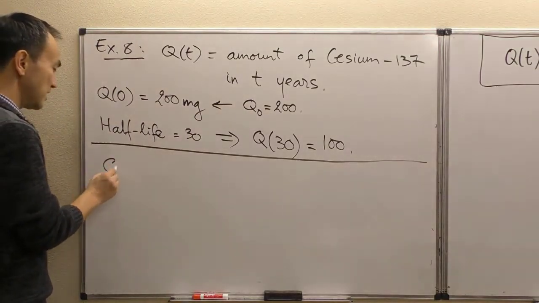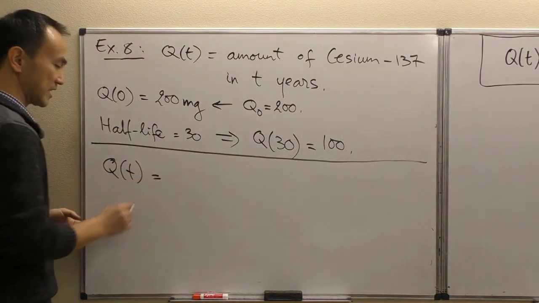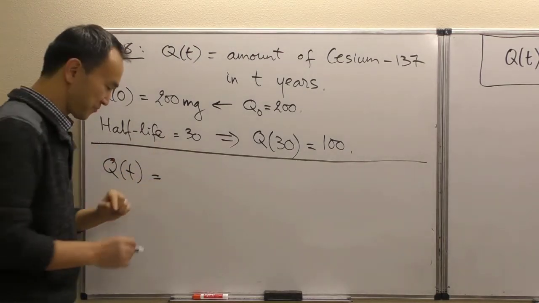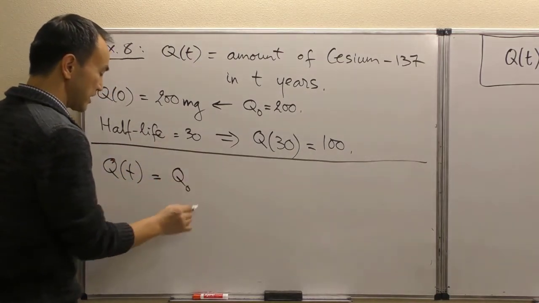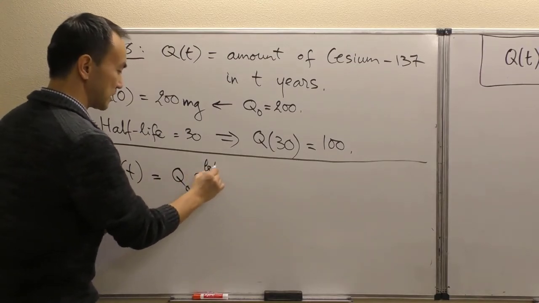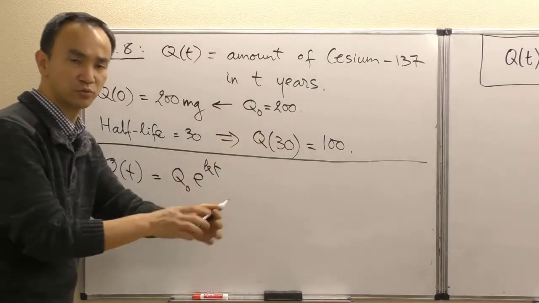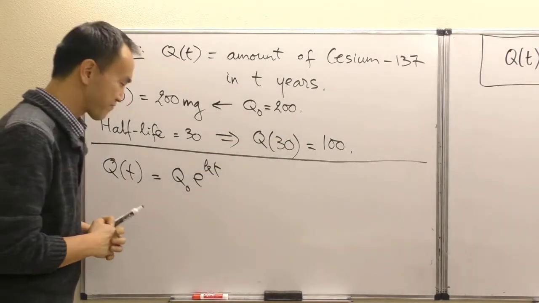But at the start, we can always write it as follows. Generally speaking, any quantity that decays exponentially can be written as Q sub 0 times e to the kt, but we expect that k will be negative because this is a decay process. We're losing quantity over time.